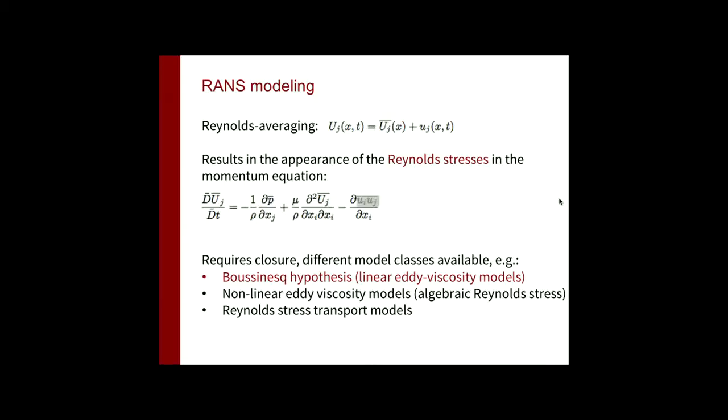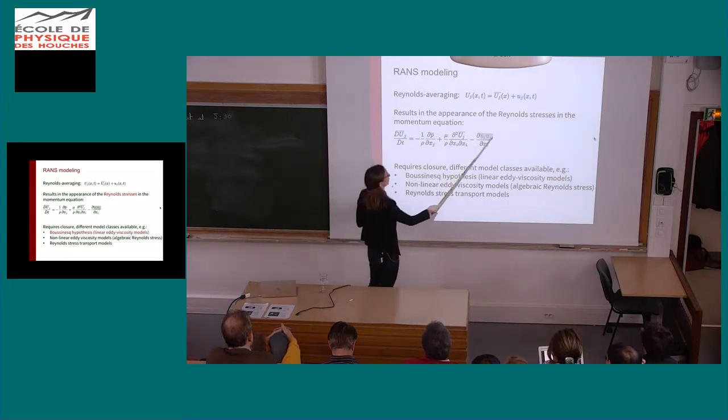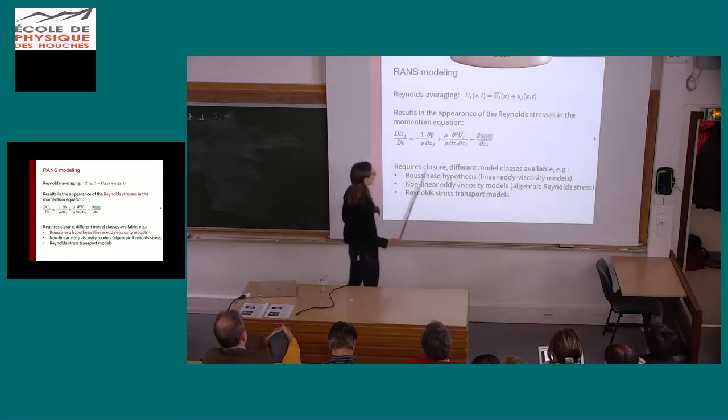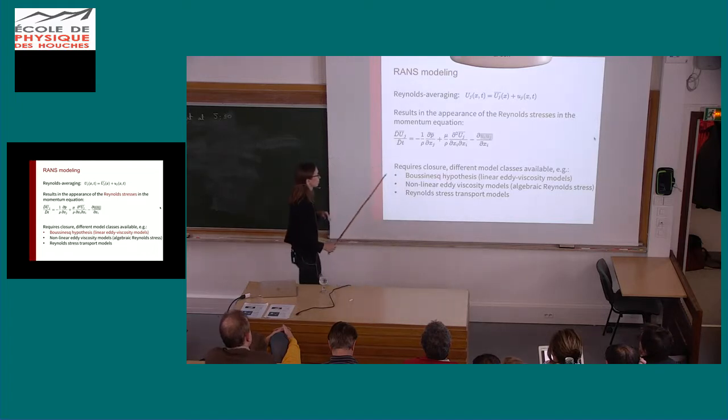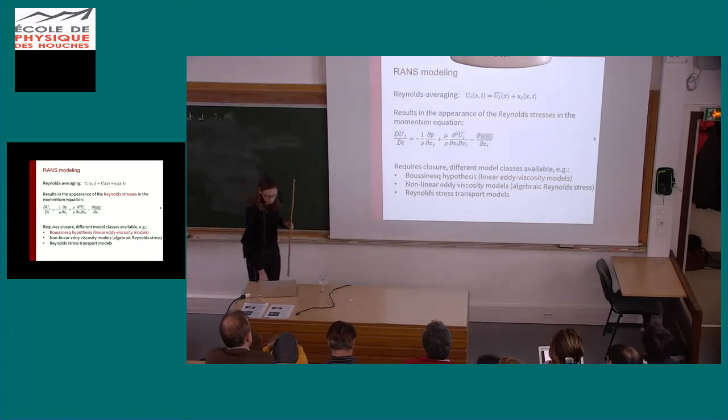Okay, so let's start from the basics and think about Reynolds averaging. When you do that and you write your Navier-Stokes equations, you get the Reynolds stresses in here. There are hundreds of models available, but what is mostly used in engineering practice are the models based on the Boussinesq hypothesis, so they use a linear eddy viscosity assumption.